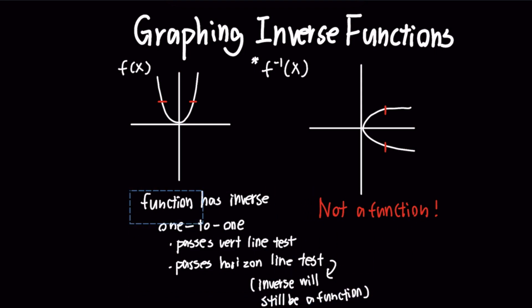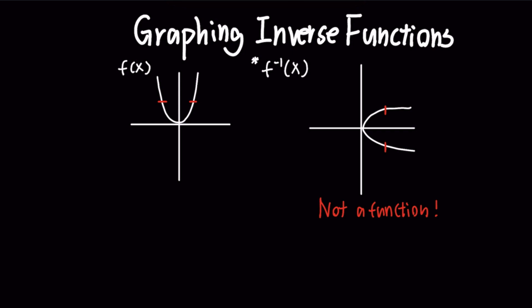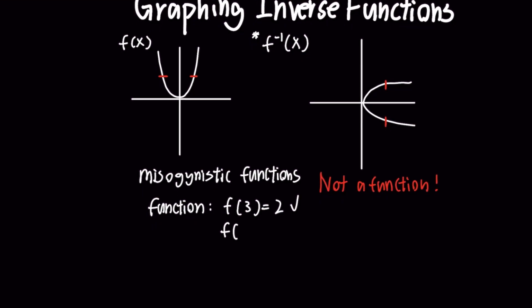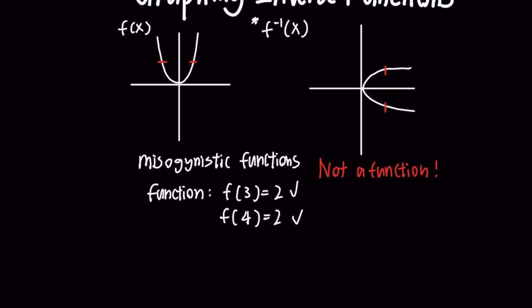So functions are actually sexist, they're actually misogynistic, and they actually don't like women, and I'll show you why. If x refers to women and y refers to men, just hear me out, okay? A function can have many different women be with the same man, and it's okay. You can have f of 3 equals 2, f of 4 equals 2, f of 17 equals 2, for all I care, it's still a function.